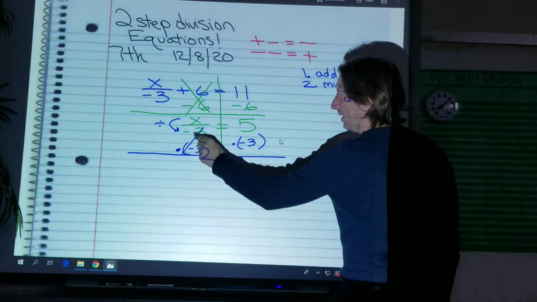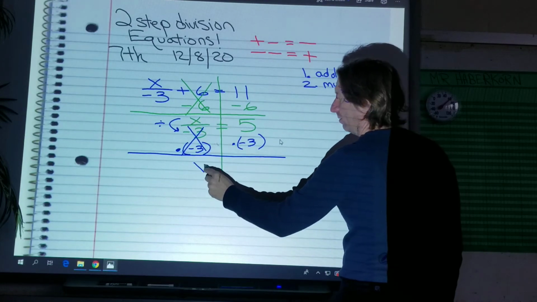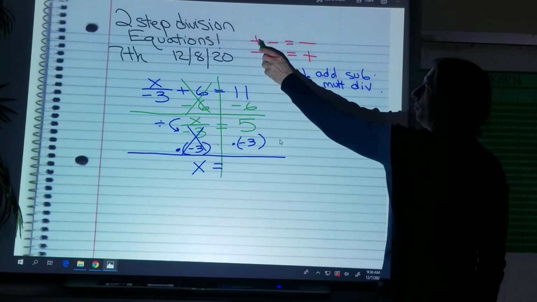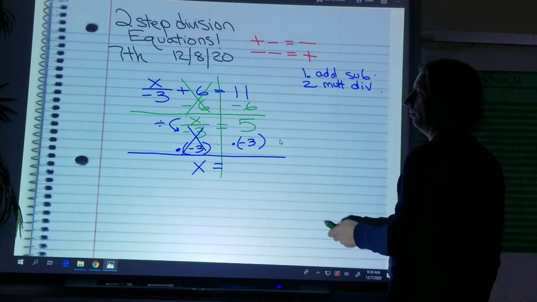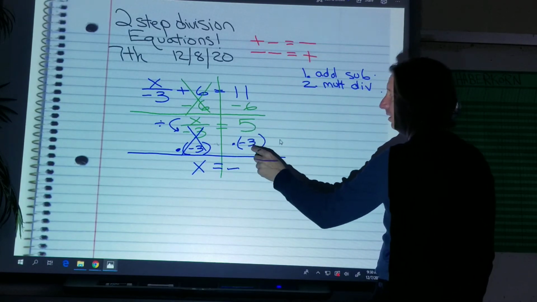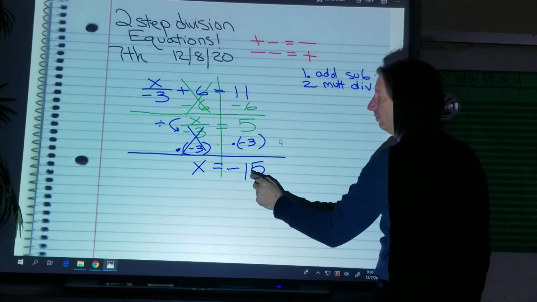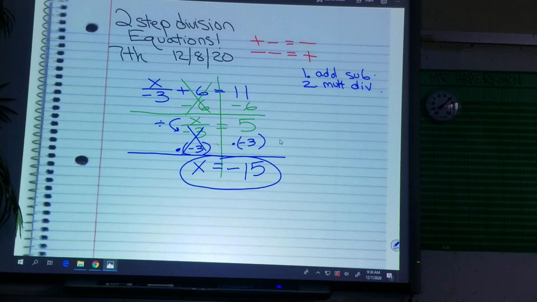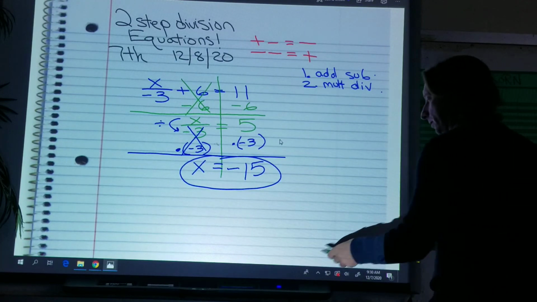The negative 3's cancel out. All I have left is x. Now I have a positive times a negative. Positive times a negative is a negative, right? So my answer is going to be negative. 5 times 3 is 15. All right? So they look a little tricky, but they're kind of the same thing that we've been doing.